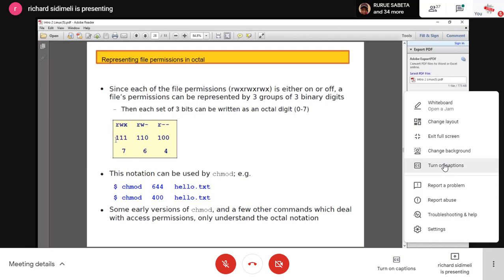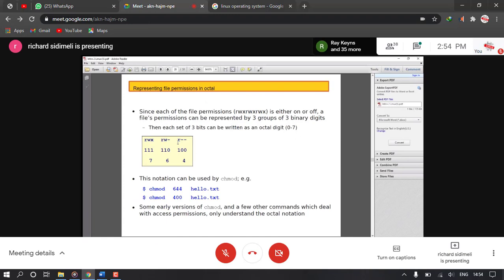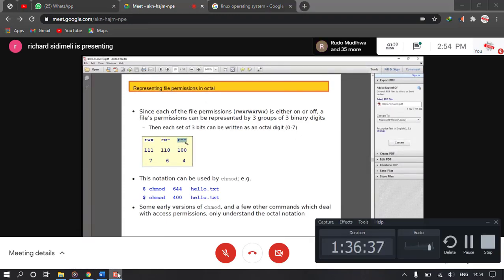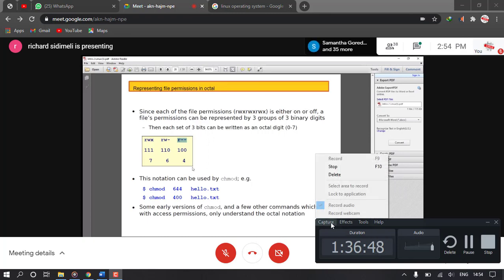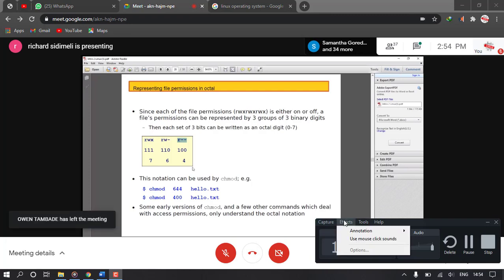And then you can also look at this ability to read, write, but not to execute. This is the ability to read only and not write and not execute. So we can convert each of the abilities to numbers.